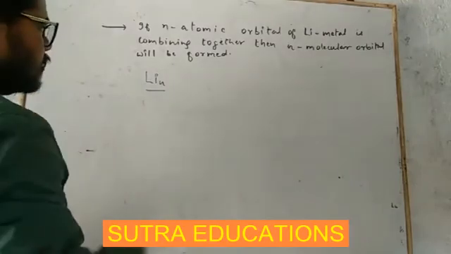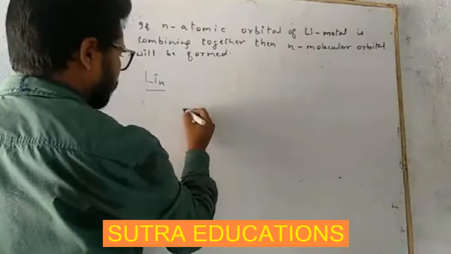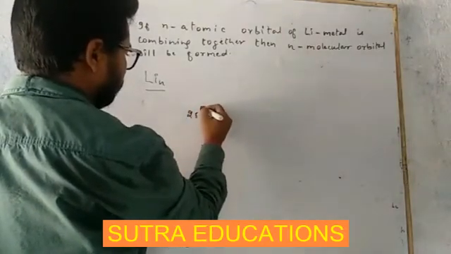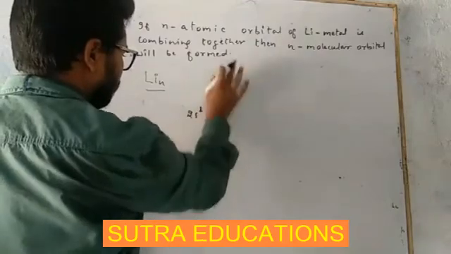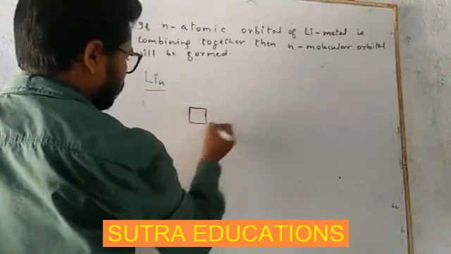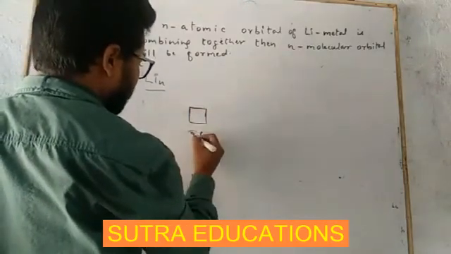So in this case lithium, and say this is 2s1 of lithium, so one atomic orbital, this is 2s1.